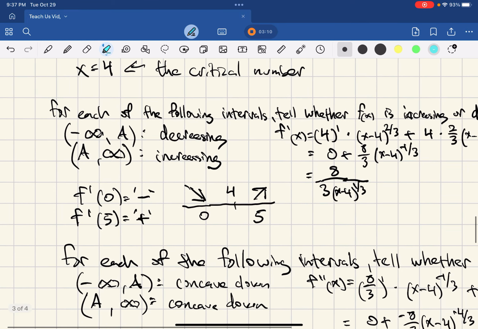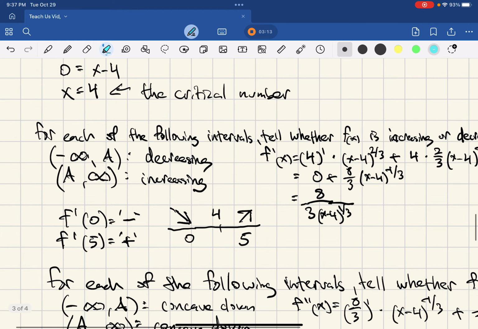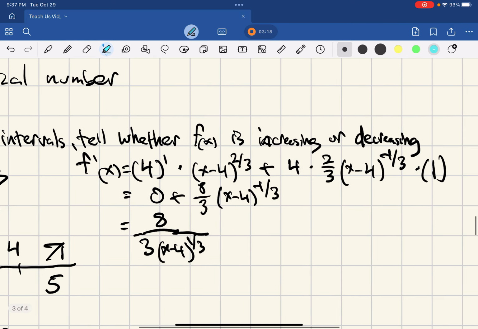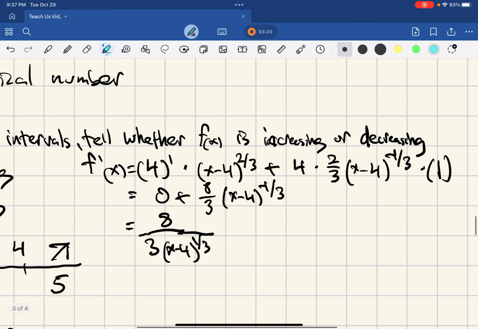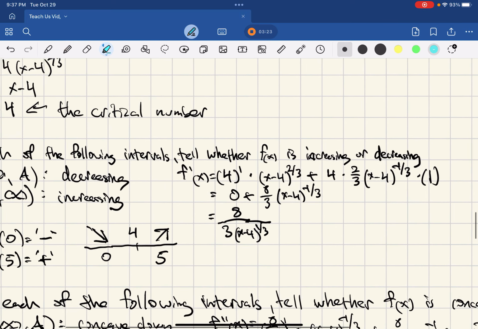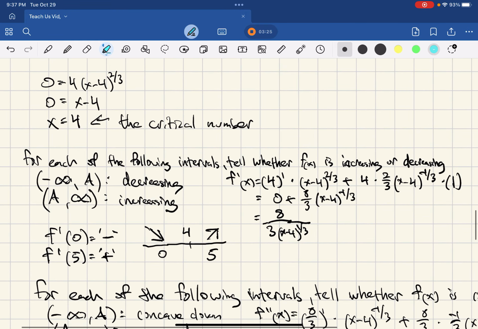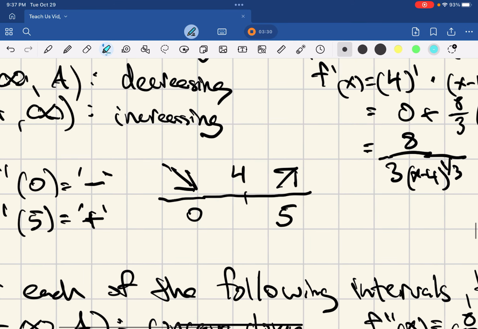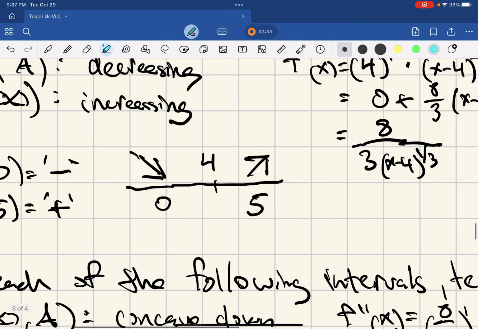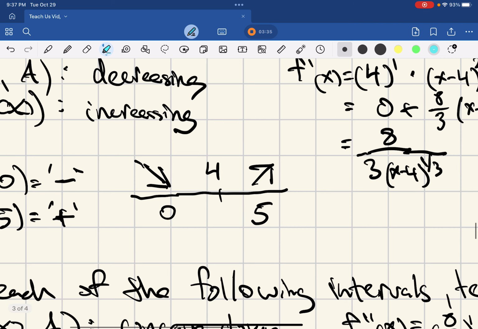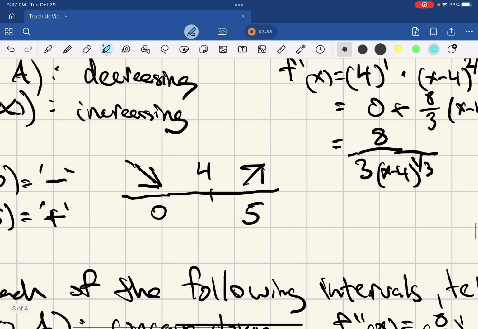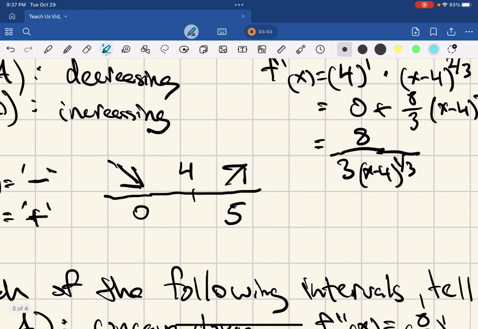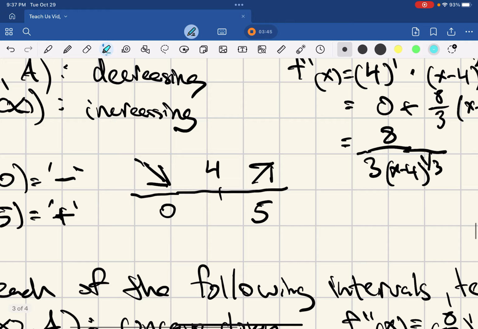The next thing it asks us is, for each of the following intervals, tell whether f of x is increasing or decreasing. So now that we have our critical number of x equals 4, we can do a little number line, and then we just pick a value on each side. I picked 0 and 5. With these two numbers, we plug them into the first derivative function.